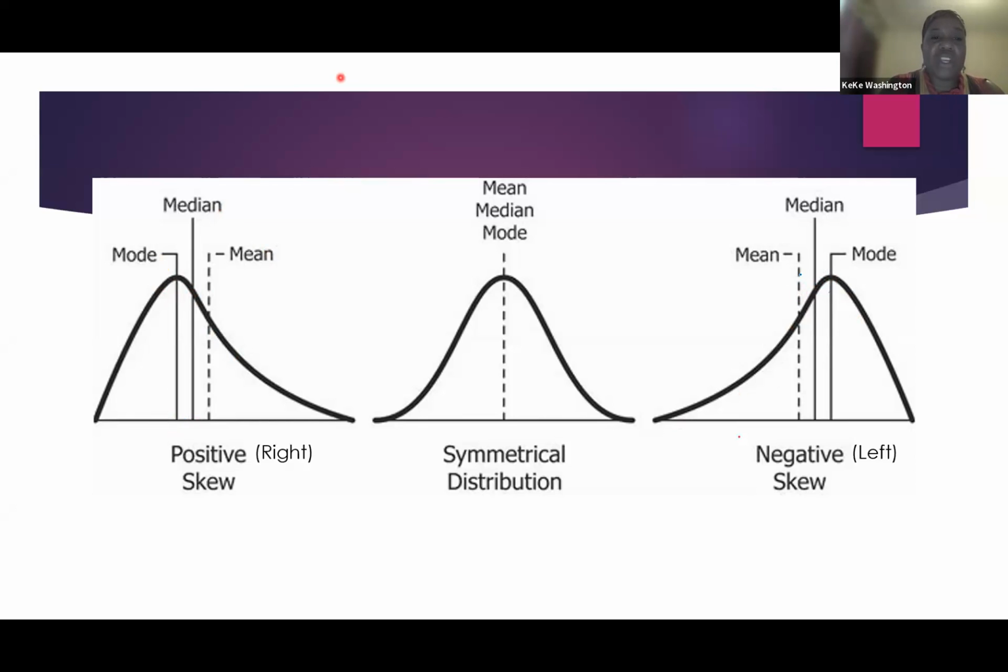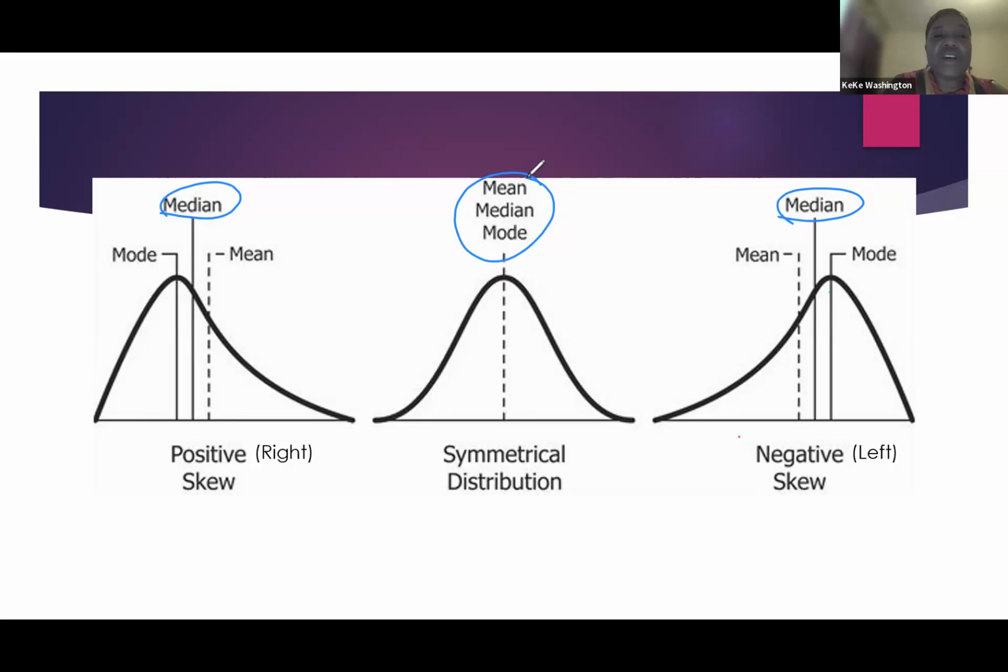So that's why we use the median to represent the typical value of a skewed distribution. The typical value represents the center. In a perfectly symmetric distribution, all of these are the same, or practically the same. They're very close.